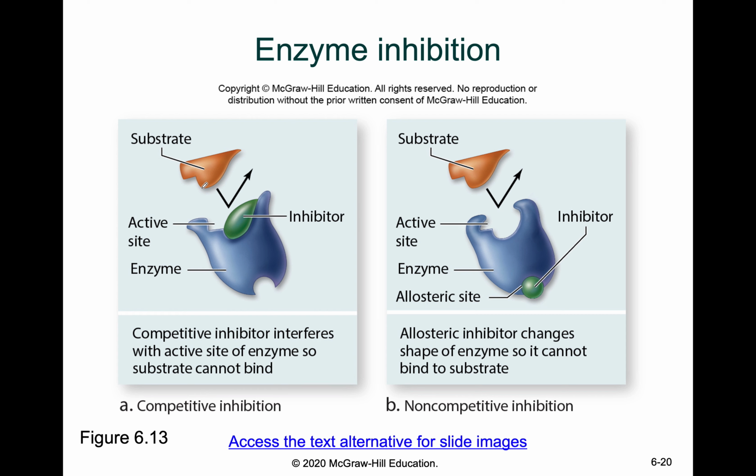Now, if you look at the panel on the right, panel B, you will notice that the inhibitor is actually not binding anywhere near the active site, but rather it's binding in a different site that causes a unique shape change here. Okay? This shape change prevents the substrate from docking appropriately and therefore cannot bind. Both inhibit the enzyme, but they do so in different ways.